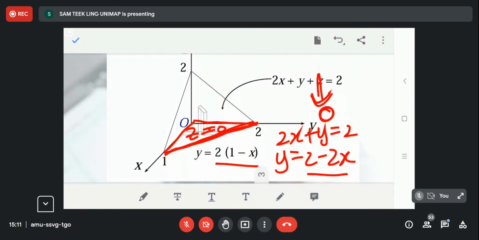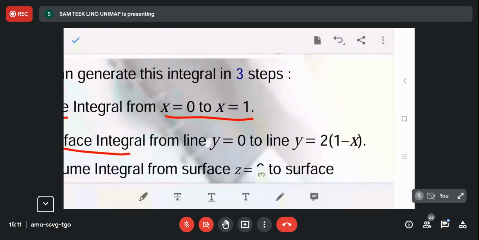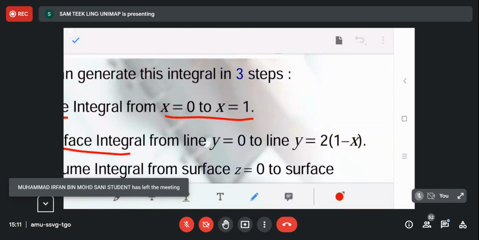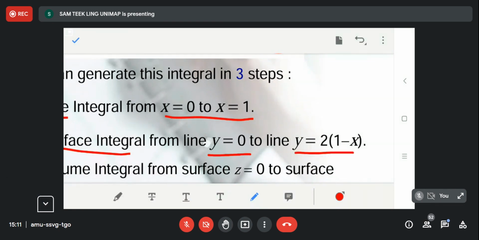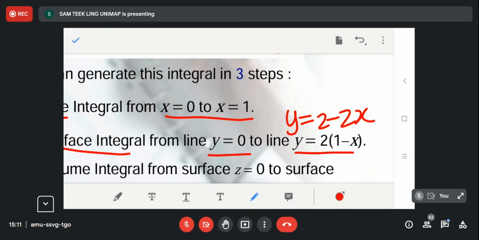So my y starts 0 to 2 times 1 minus x. This one is also the same: y equal 2 minus 2x. If you want to write out 2 minus 2x, or 2 times 1 minus x, it is okay, based on you.